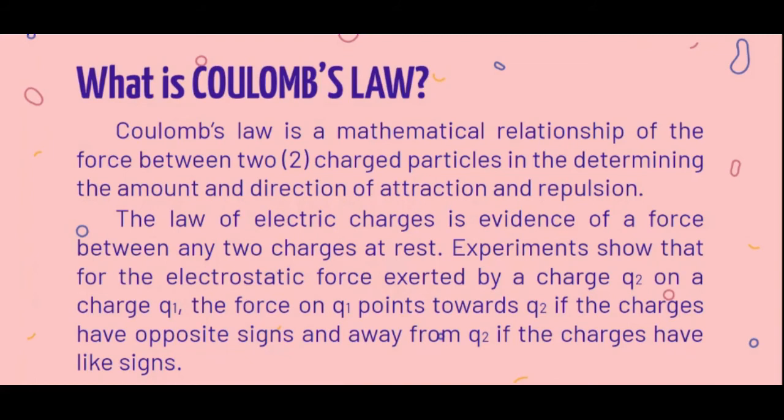Now the electrostatic force between these two charges tells us that the force of charge 1 points towards charge 2 if the charges have opposite signs. So if the two charges Q1 and Q2 have opposite signs, or different charges, the force is pointing towards each other.